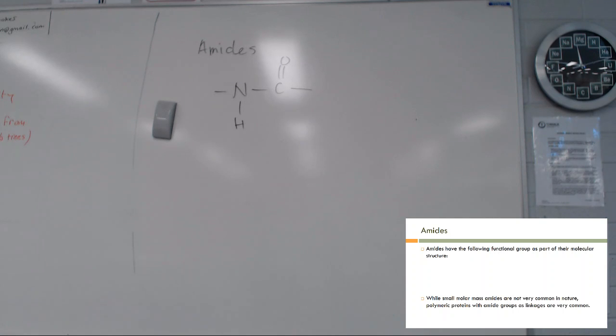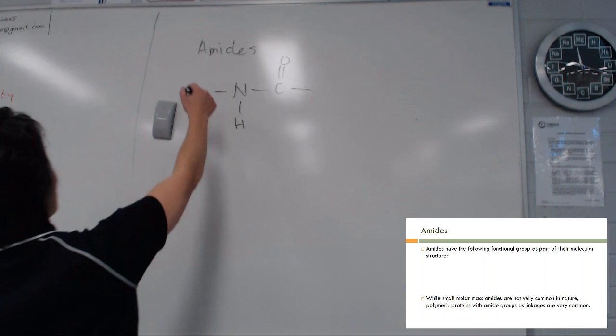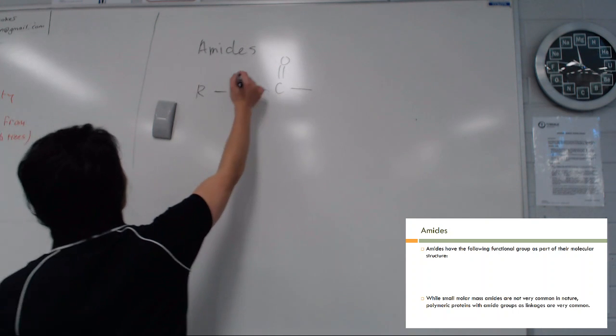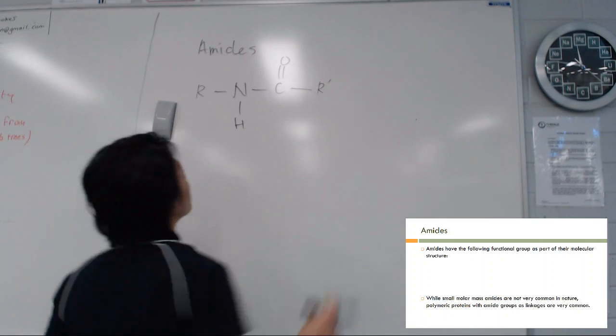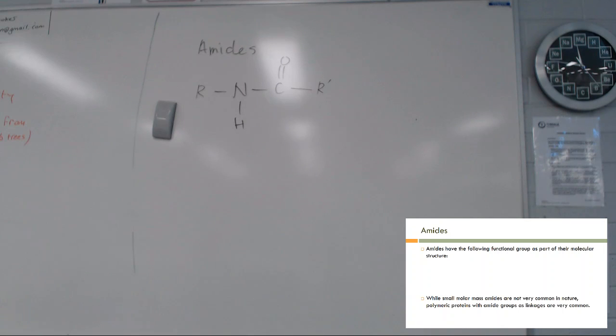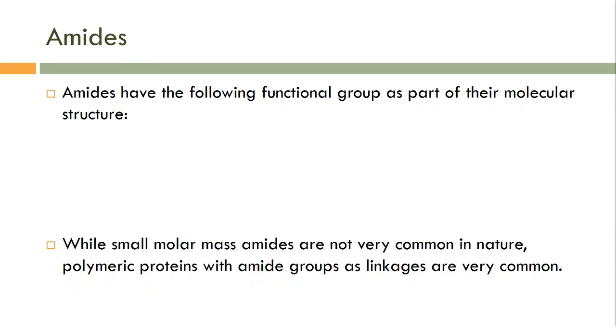Alright, so that's the molecular structure for the amides, and their bonds should be connected to some sort of alkyl group. So while small molar mass amides are not very common in nature, polymeric proteins with amide groups as linkage are very, very common.